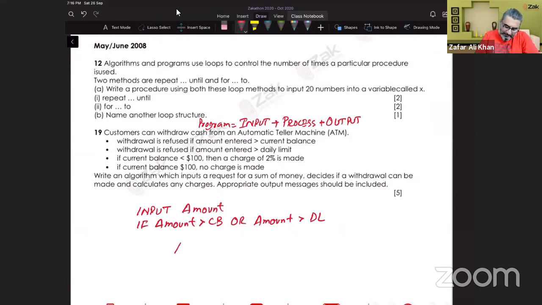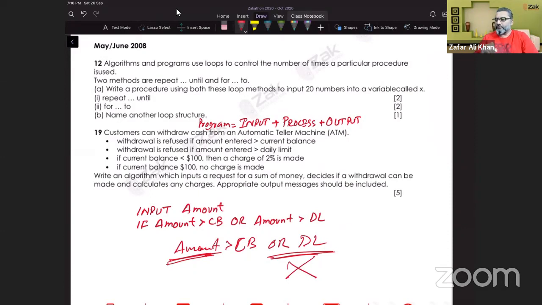Now, see one thing. If you write it like this, if amount is greater than current balance or daily limit, this is incorrect. We have to use the variable name after every or and and. Do not write it this way.